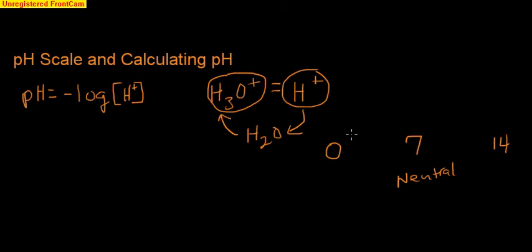If something has a pH of less than 7, it's considered an acid. If something has a pH of greater than 7, it's considered a base. The further you are from the middle point of 7, the stronger your acid becomes. The further away from 7 your base is, the stronger a base it becomes.